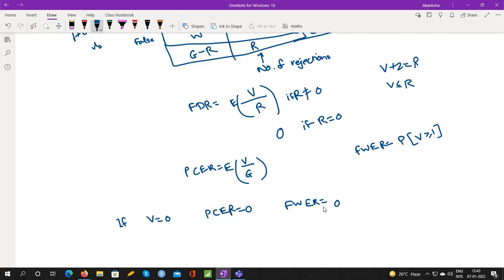Because if V is 0 almost surely, it's a random variable, so I should write almost surely. I cannot write equal to a single number. It means if 0 is the only value that V takes, then PCER is also going to be 0 and FWER is also going to be 0, because the entire probability is concentrated at 0. Okay so far?